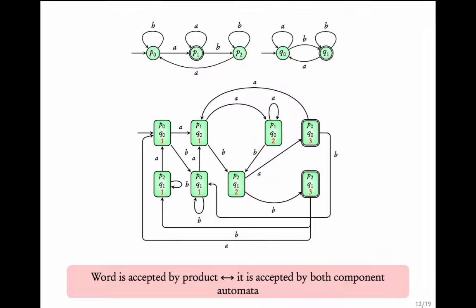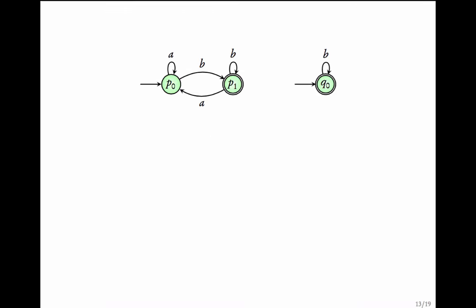So here we are. A word is accepted by this automaton if and only if it is accepted by both the component automata. So this automaton would give you the Büchi automaton corresponding to the intersection of these two languages. Let us look at one more example.